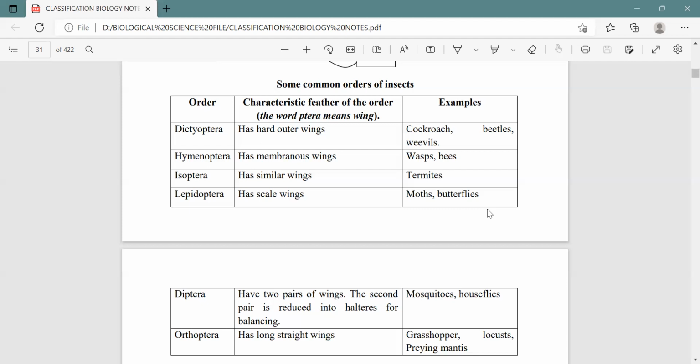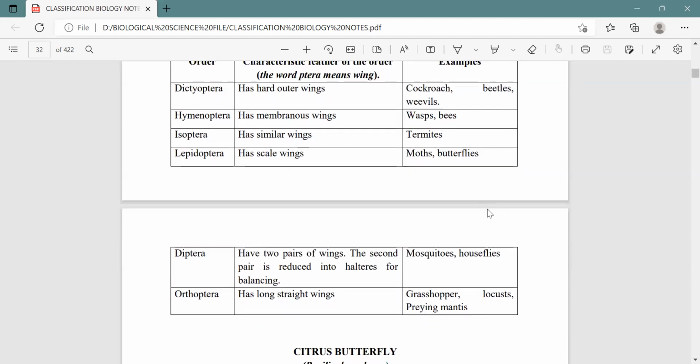Under order Isoptera, we have the termites. In the order Lepidoptera, we have the moths and butterflies. Under Diptera, we have the houseflies and mosquitoes. Under order Orthoptera, we have the locusts, the grasshoppers, and the praying mantis, which the Baganda call Nkongola Mabere.